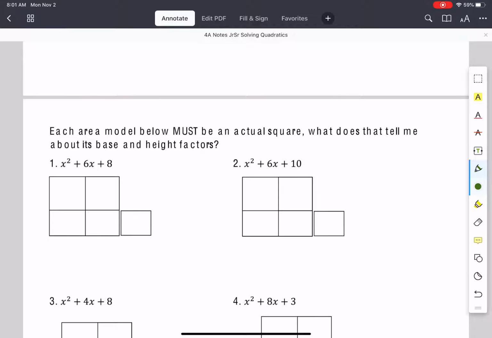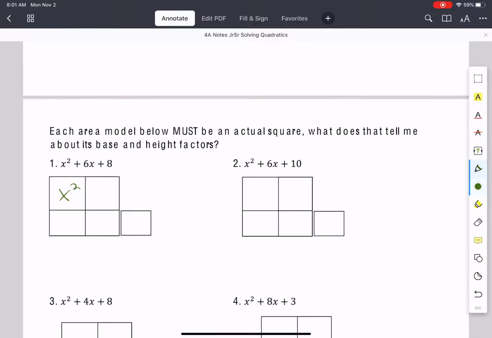So this box has a garage, all right? Now, one thing I know is that this box here is always going to be my x squared. I already know that. Now, in factoring, the other box that I know is the bottom right box, right? But that's not true in this case because we're not factoring.